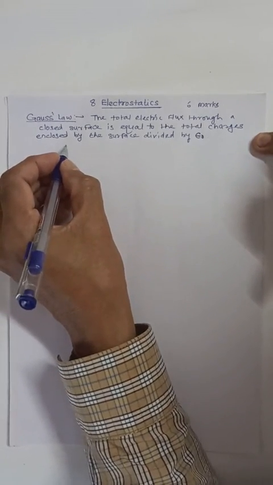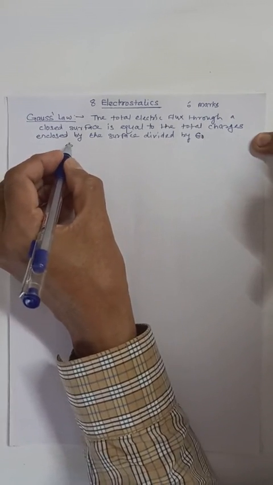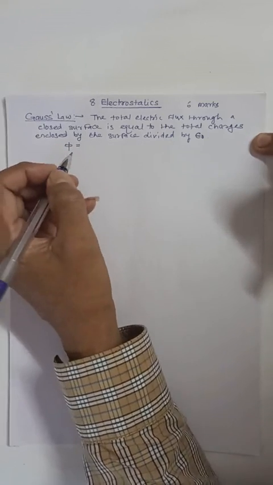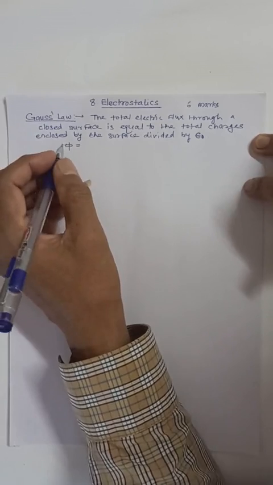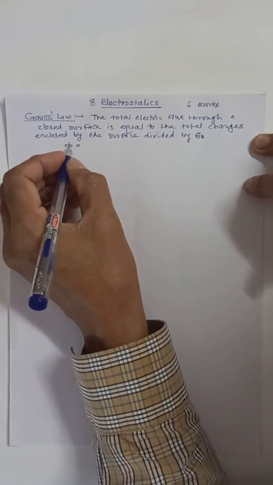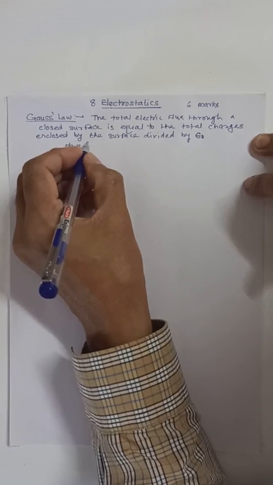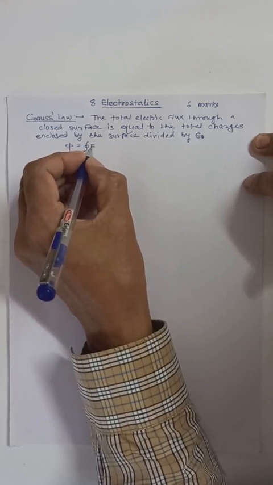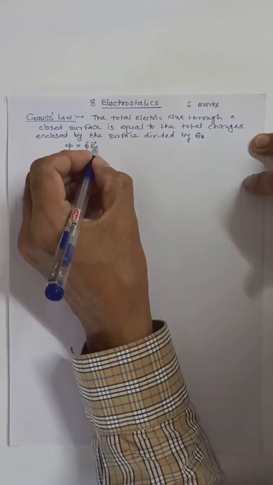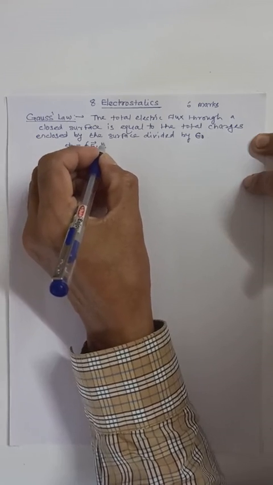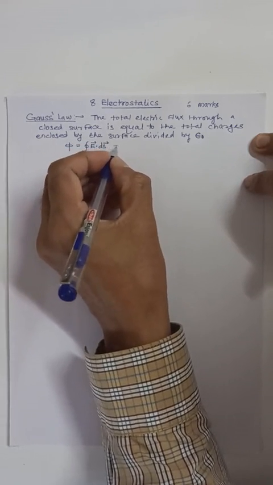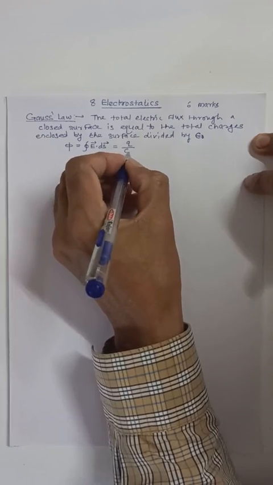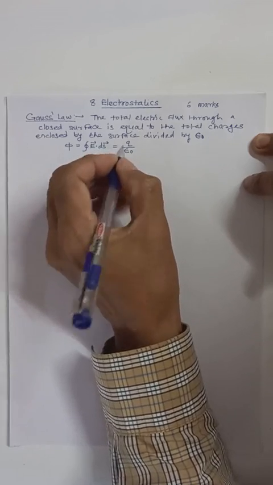Mathematically, if phi is the total electric flux through a closed surface, then phi is equal to closed integration of vector E dot vector ds is equal to total charge divided by epsilon 0.